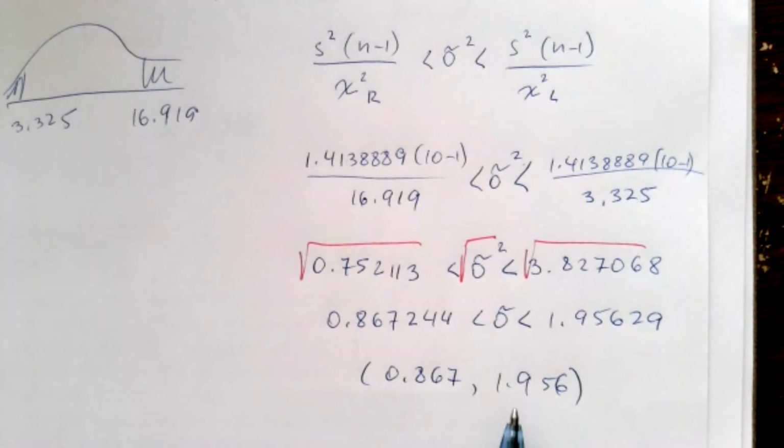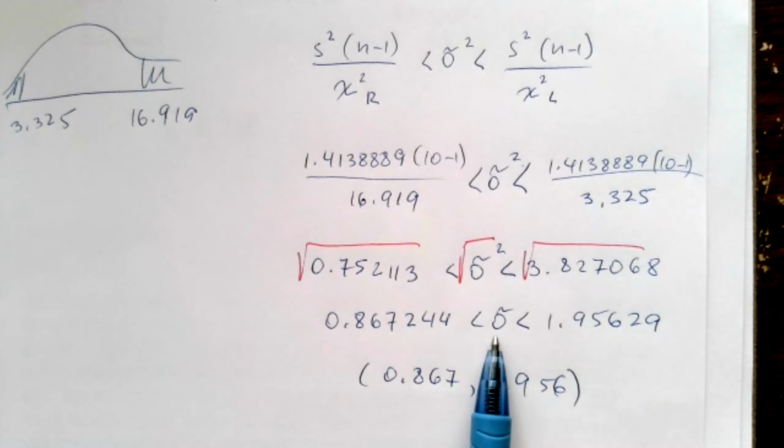Now, this is important. If 2 was included in this interval, even if it just touched it, let's say that instead of this right bound, 1.956, we got 2 or 2.0001. Since 2 is still included in this interval, it is possible that the actual standard deviation is 2. Okay, it's a possibility.